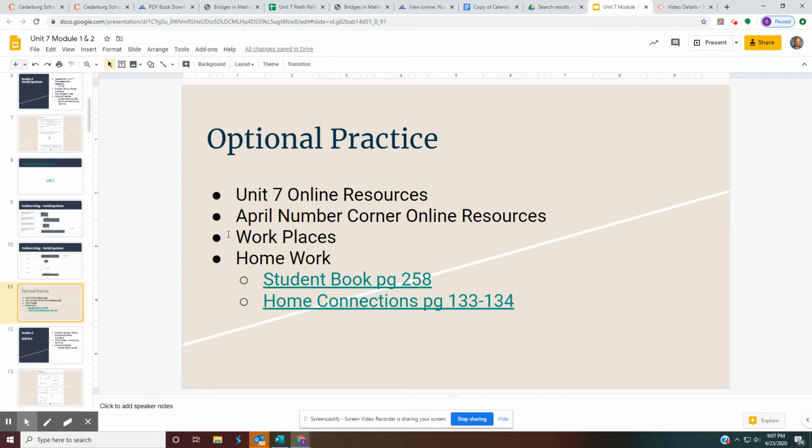Also, your Unit 7 online resources, which are available through a link on your assignment sheet. But also for tomorrow, make sure that you have student book page 258 and your home connections pages 133 and 134 done. And that's about it.